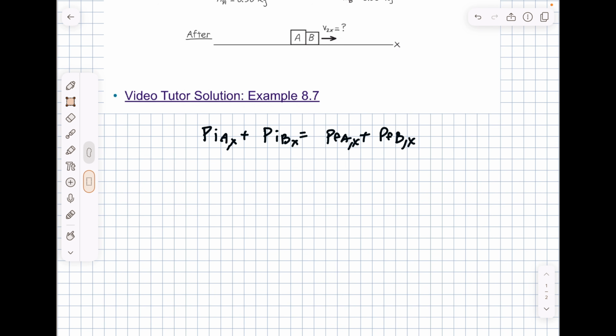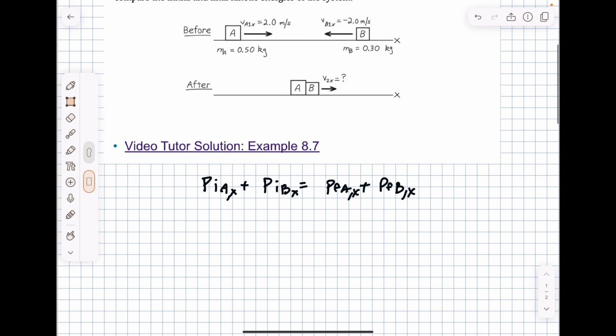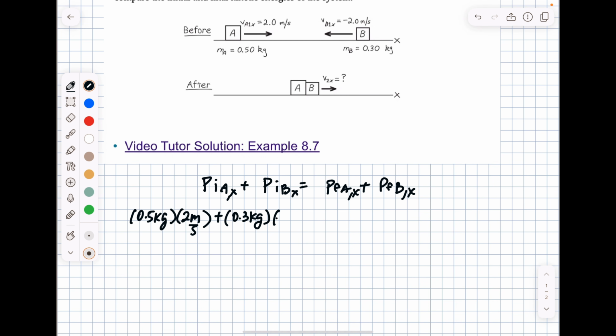So now we apply the conservation of momentum with our givens here in the image. 0.5 kilograms, 2 meters per second, plus 0.3 kilograms, negative 2 meters per second.